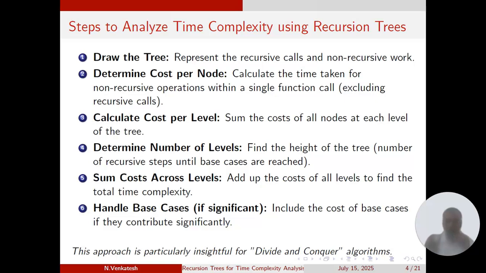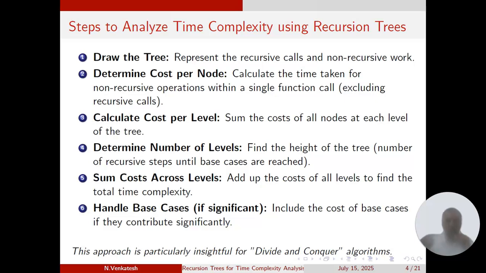The second step is to determine the cost for each node. For each function call, find the time taken for non-recursive operations. Once you know the cost per node and the number of nodes in that level, we can calculate the cost per level.